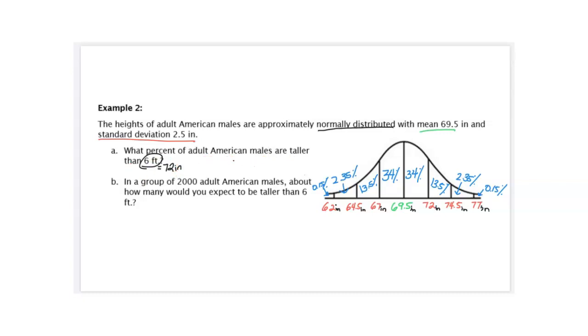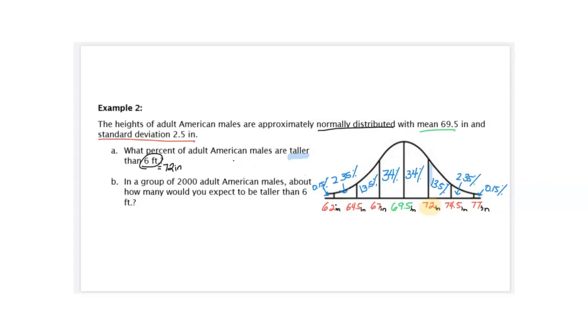So let's locate 72 inches on our curve. We have 72 inches. Our key word here is taller. So taller than 6 feet or taller than 72 inches. Then those are the numbers that are located to the right of 72 inches.